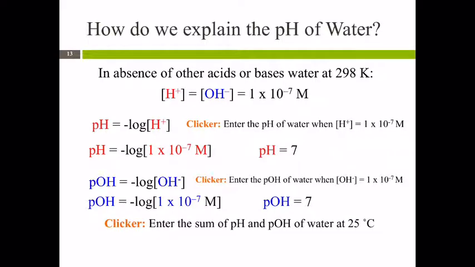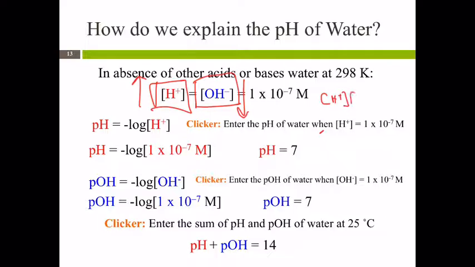What do you notice about the sum of pH and pOH for a neutral solution? I'm hoping that you guys see that pH plus pOH adds up to 14. And it turns out that this holds true no matter what, because as H plus concentration goes up, OH minus concentration goes down, but they always will multiply together.